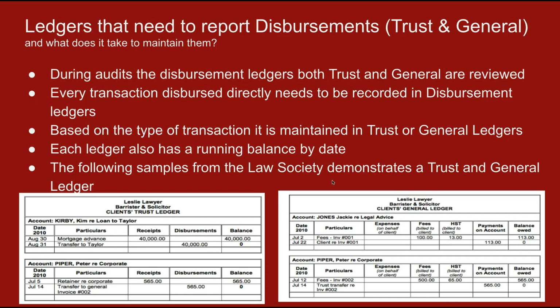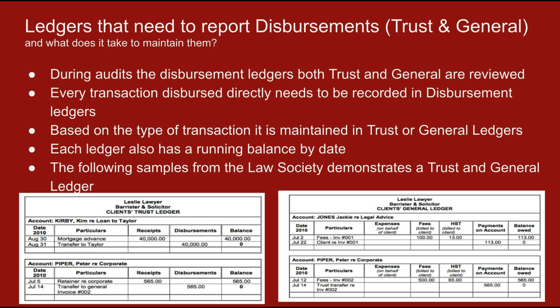Every transaction disbursed directly needs to be recorded in disbursement ledgers. You have trust and general disbursement ledgers available. Based on the type of transaction, it is maintained under the respective ledger.